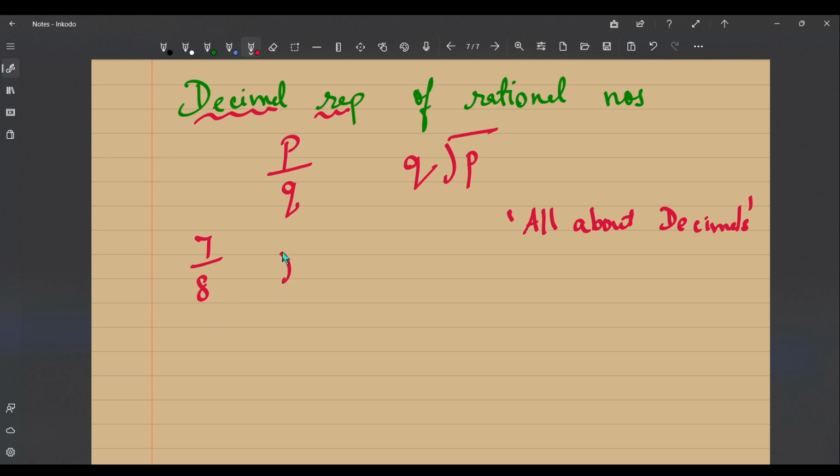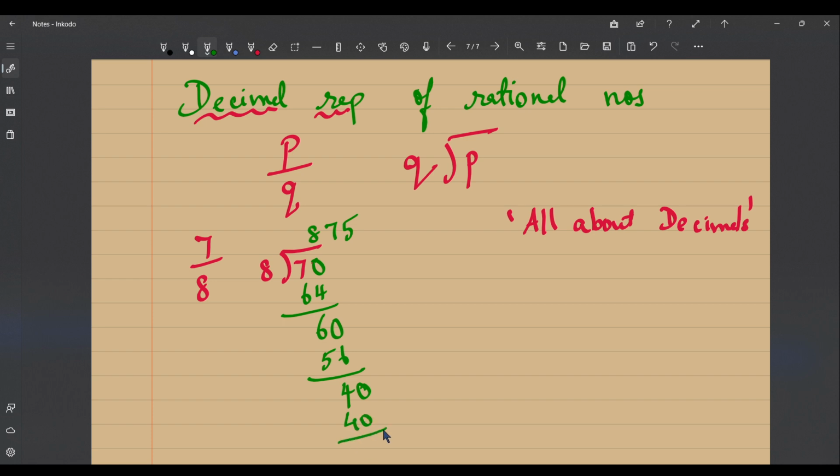7 is smaller than 8. So at once you will have to add a 0 to 7. 8 8's 64. 6 is the remainder. Adding 0 to the right, you get 8 7's 56. 4 is the remainder. And adding a 0, you get 8 5's 40.